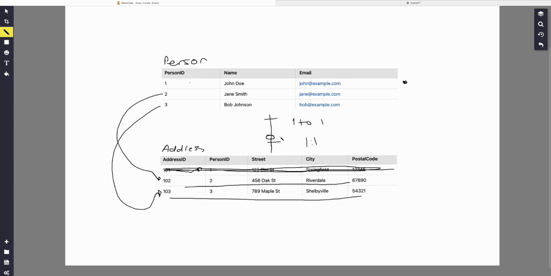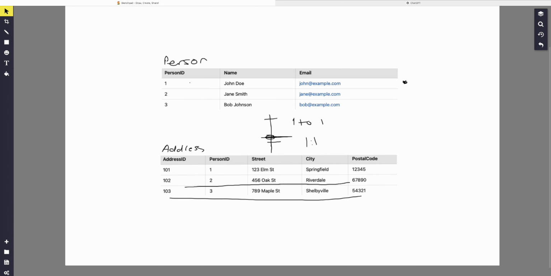Okay, now if it's mandatory, that would mean that this is then taken away, meaning that John Doe has to have an address. He has to have a particular address that's in the address table. Otherwise, there will be an issue here. Okay, and that's all it means.